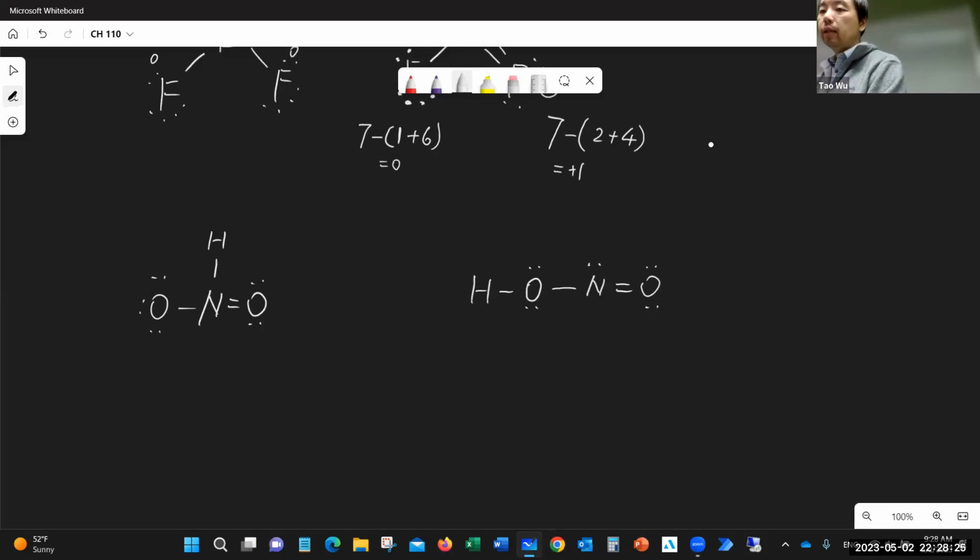If you're looking at this one, this oxygen will be 6 valence electrons, subtract how many bonds? We have 1 bond, plus how many dots? 6. So this is a -1. Hydrogen here is just 1 subtract 1 bond plus no electrons, that's 0.